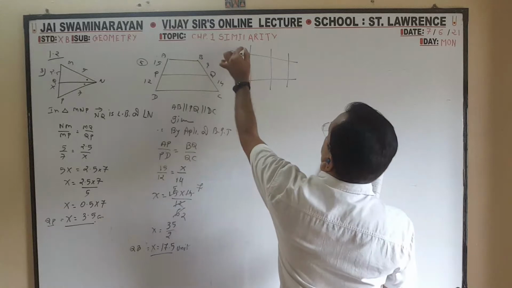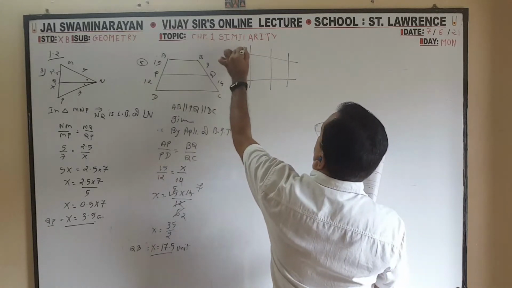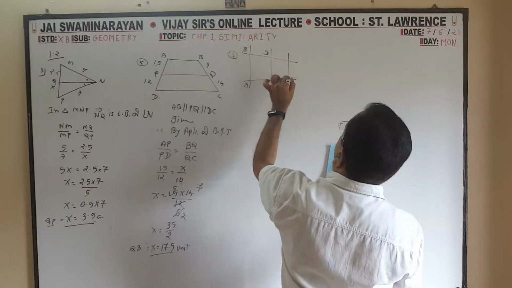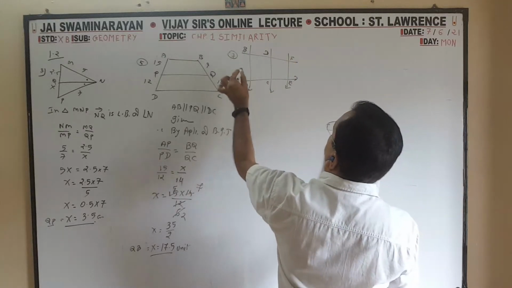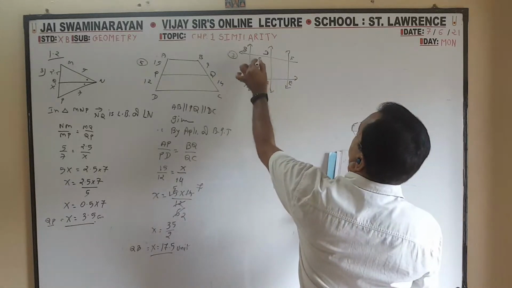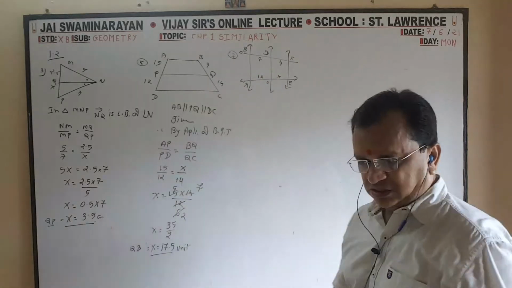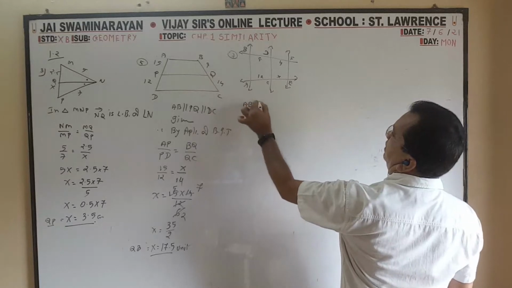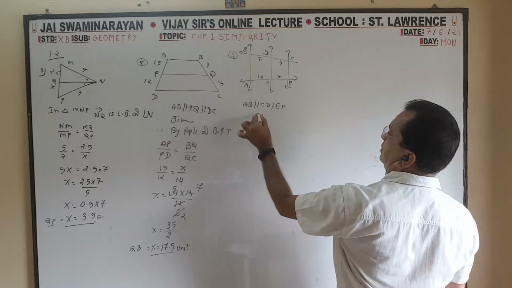Again, three lines are parallel. AB, CD, EF. 8, 4, 12, X. Exactly the same. AB, CD, EF given.